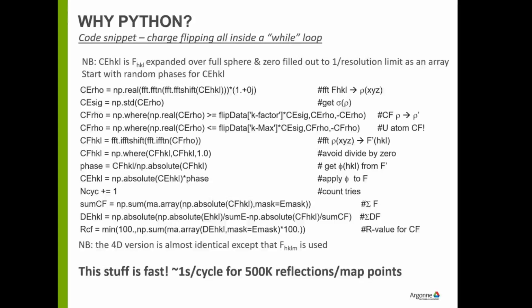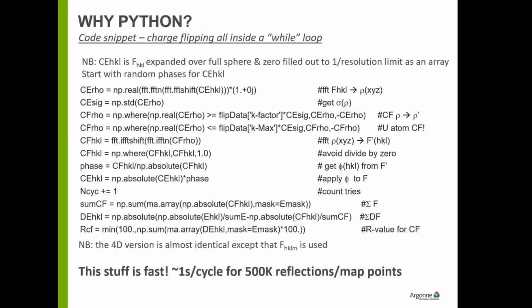So you now have a set of densities which have the negatives removed. You do the inverse Fourier transform right there. One line. That gives you a set of structure factors. You then pull out the phases for it, apply the phases to the old structure factors up here, and a little bit of housekeeping stuff, and repeat.